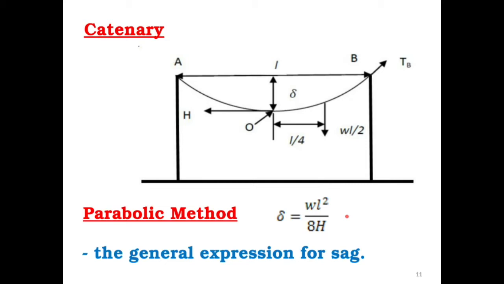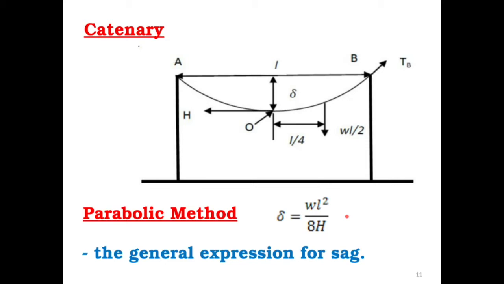Meaning, if we use a heavy material, for example, copper or aluminium, which one of these two has higher density or higher weight?